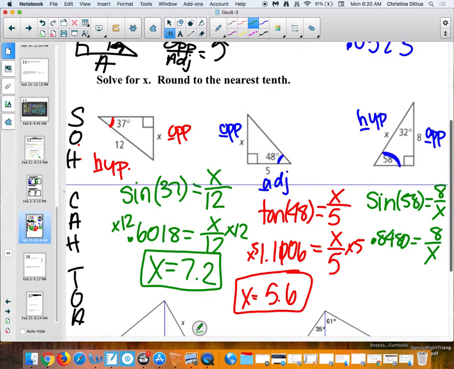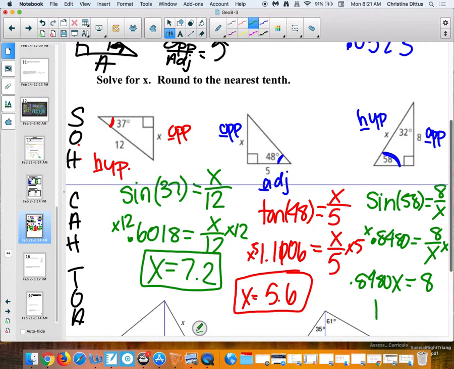Multiply. Right now it is divide, so I need to multiply. So if I multiply by x, I get 0.8480x equals 8.